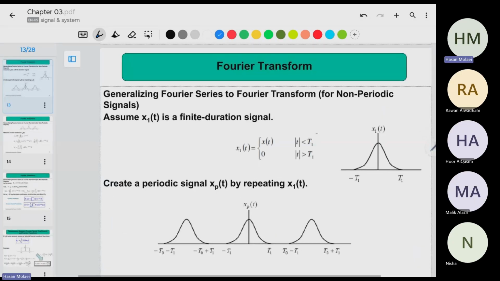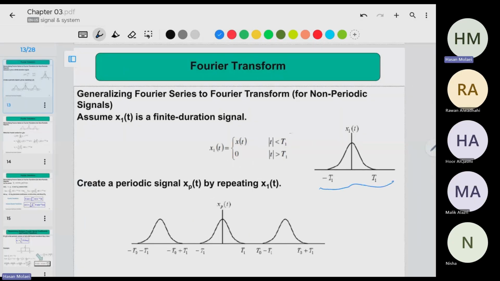We have one non-periodic signal here. It's defined between -T1 and T1. I can imaginarily repeat it and make an imaginary periodic signal. It's not real. The real signal is this one. I call this x_p(t).